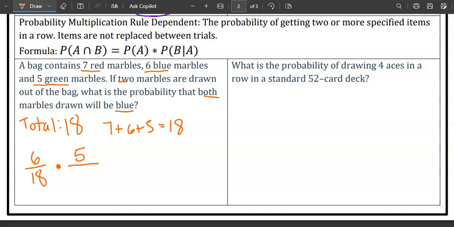So it'll be 5, because there are only 5 blue marbles left in the bag, and 17 marbles, because there are only 17 marbles remaining in the bag. We could simplify 6 over 18 to 1 over 3. Multiply straight across, we get 5 out of 51, which is about 0.1.